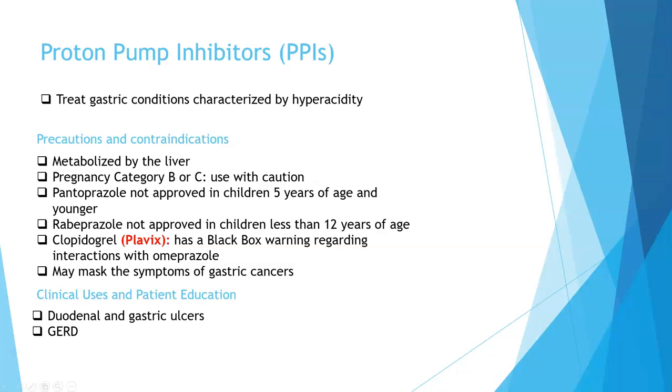And you may need to double the dose for 4 weeks and then decrease the dose for another 4 weeks. When you're tapering them off the medication, you want to decrease from twice a day to once a day, then every other day, with an H2 receptor antagonist used for symptoms, and then the patient is weaned off.